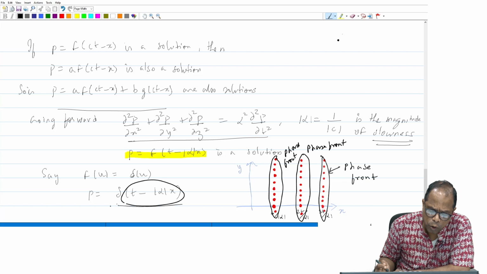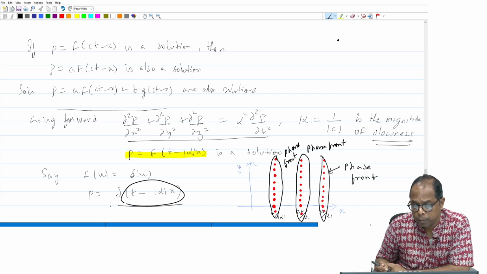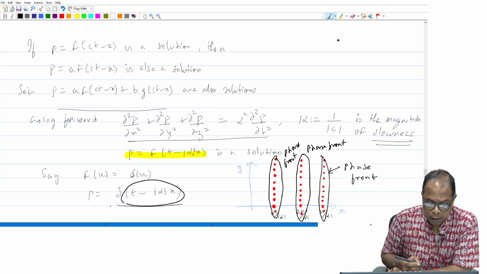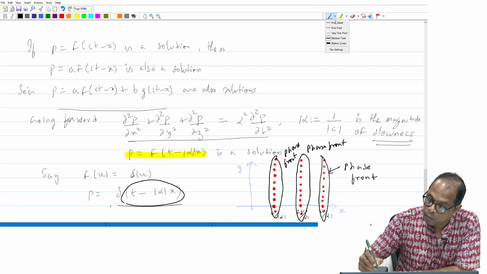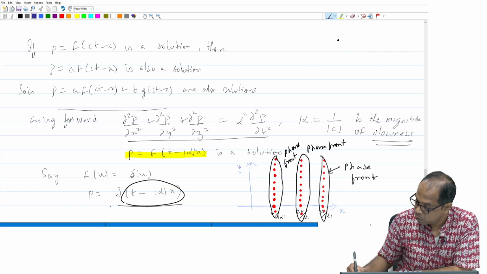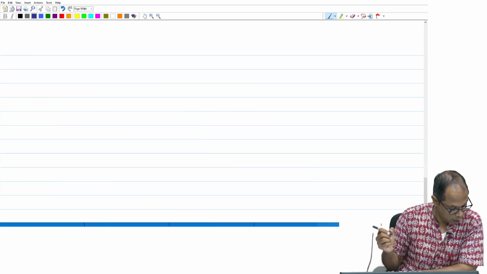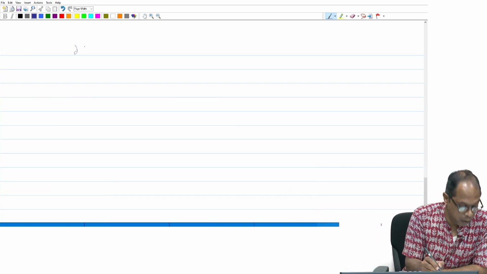Now, we could do the same thing for a slightly different case of the wave equation.